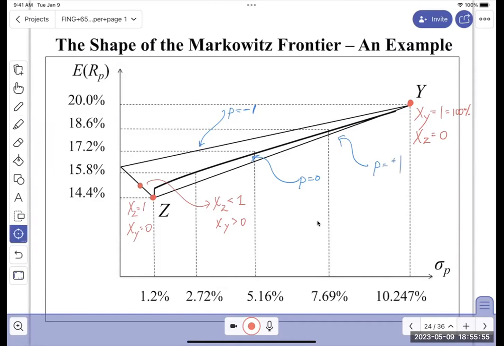So what does it show? If the correlation is perfectly negative, you can achieve this. What is this position here? What's the good thing about this position, or this choice in weights? How do you characterize this combination of weights?